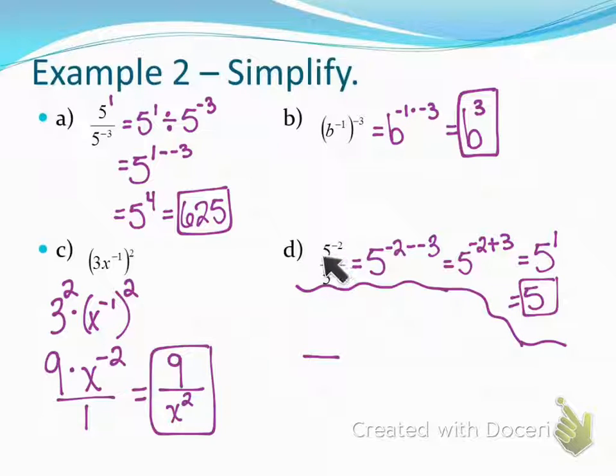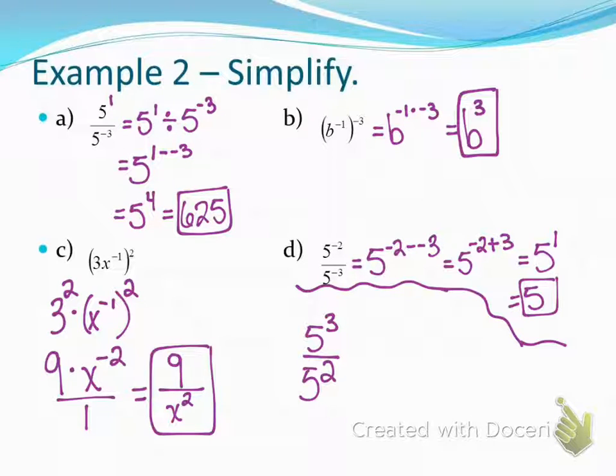Where would the 5 to the -2 have gone? If I wanted that exponent to be positive. Go to the bottom. Cross the line, change the sign. If I wanted that 5 to the -3 to have a positive 3 exponent, where's it going to go? To the top. Cross the line, change the sign.